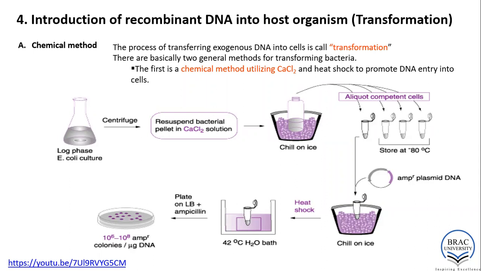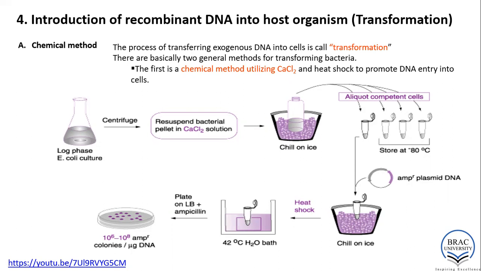If you recall, we need to prepare a host organism, mostly bacteria, and make it competent so that the bacterial cell wall is porous and the DNA can get inside the cell.